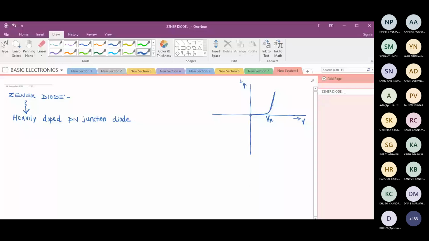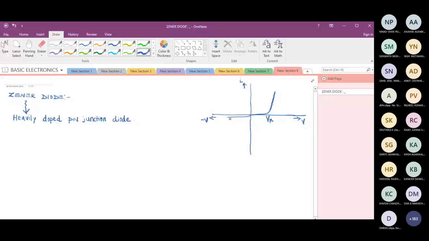So when we reverse bias the diode, means if I plug in negative voltage, moving along the negative x-axis, what we find is an ordinary diode will not conduct. If I keep increasing the voltage also, the maximum current we can get is how much? I naught, right? Reverse saturation current is I naught.